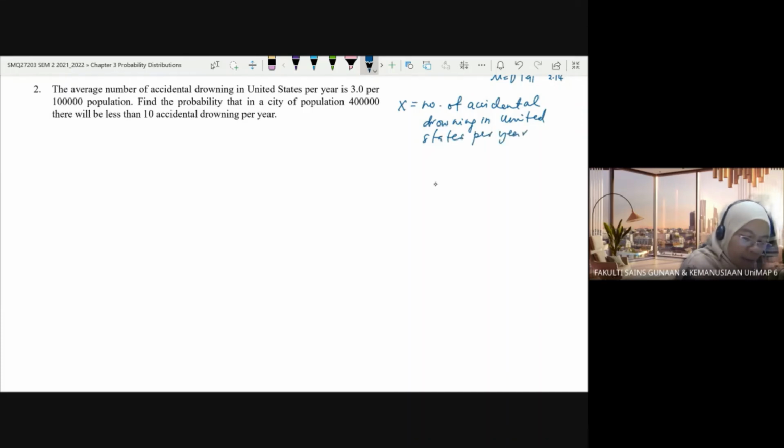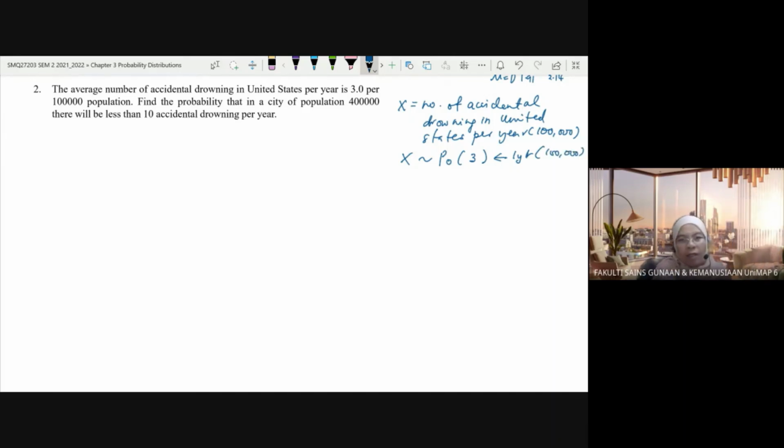Okay, and for this particular case, it is reflecting for the population of 100,000. Now x following Poisson, and it is equal to 3, and this one is for 1 year, and the question asks for the population of 400,000.